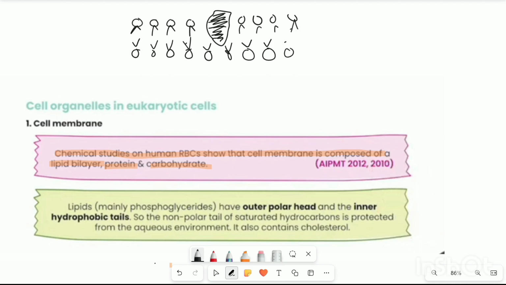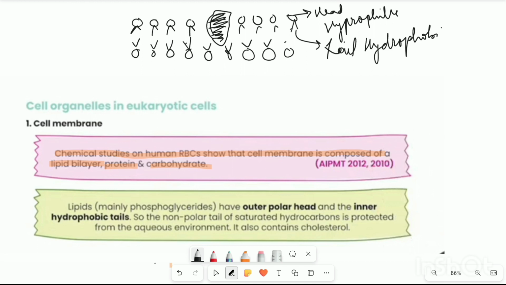This is the protein. This head we call hydrophilic and this tail is hydrophobic. This is lipid bilayer and this is the composition of cell membrane. Like this, the cell membrane is composed of lipid bilayer, protein and carbohydrates.